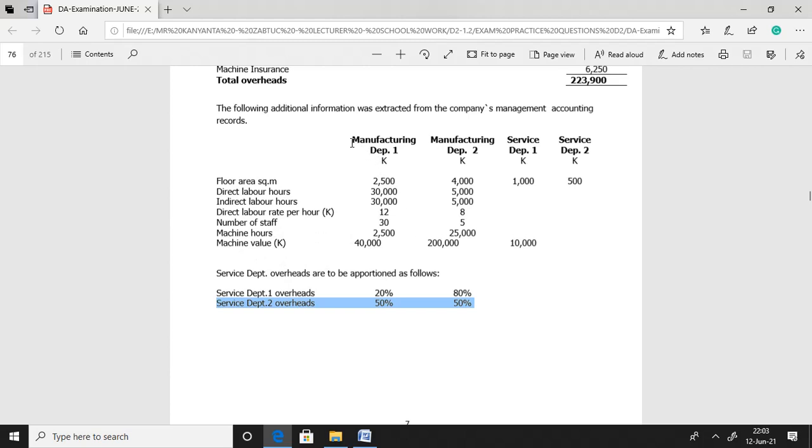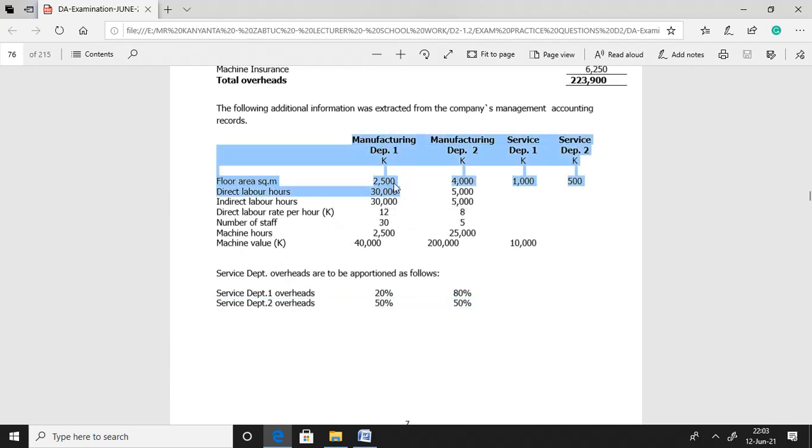If you look at manufacturing department 1, compare machine hours of 2,500 with indirect labor hours of 30,000. So manufacturing department 1 uses more labor hours than machine hours.